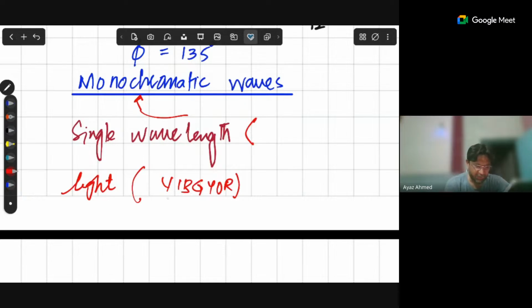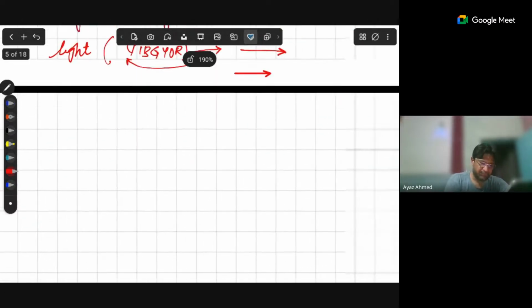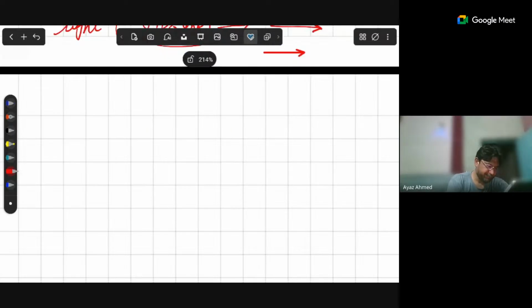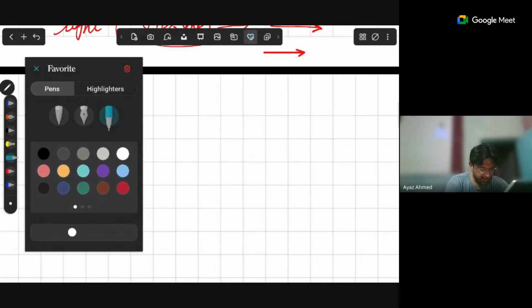That is why they are different colors. VIBGYOR is applied on all electromagnetic rays. Is it clear?